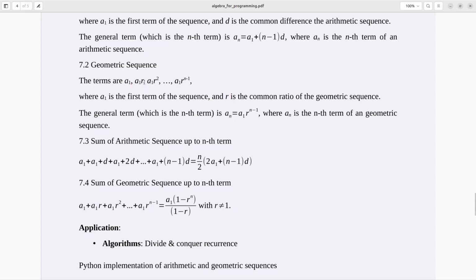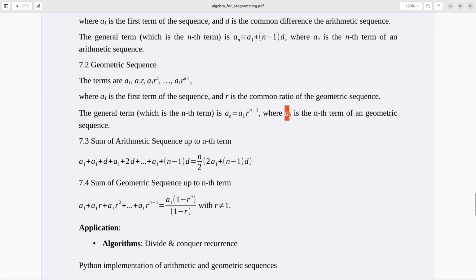So I can have a1r divided by a1 to get r, or I can have a1r squared divided by a1r to get r as the common ratio. And the general term, which is called the nth term as well, is just an equals a1 times r to the power of n minus 1.